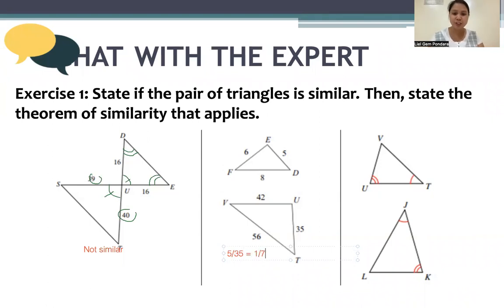The scale factor is 1 over 7. Let's check with the second one. 6 over 42. Yes, it's still 1 over 7. The other one, 8 over 56. That is still 1 over 7. Let's check. So these 3 sides are proportional.